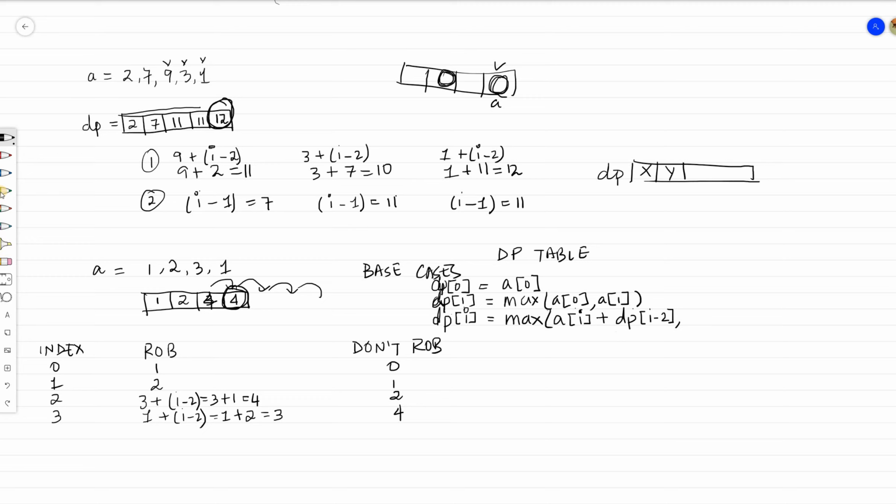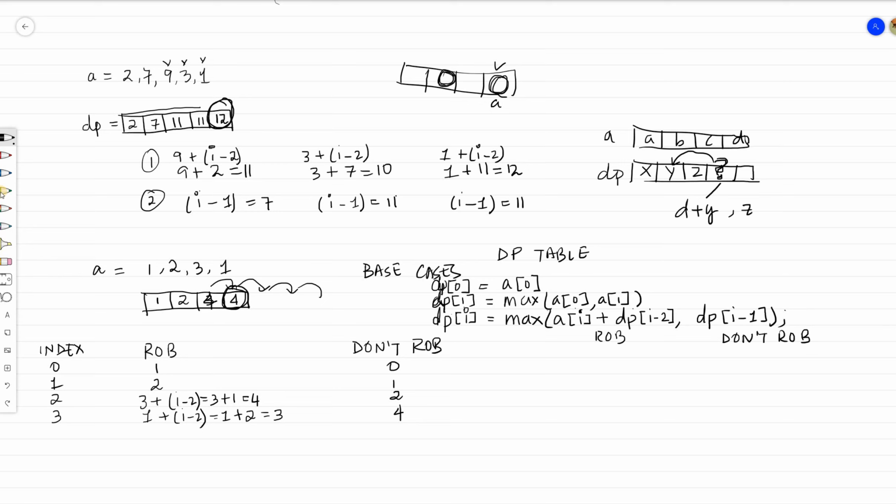If I am over here, let's say this is my question mark, and in my array we have values like A, B, C, D. So this value will be D, right? So this can be either D plus the value at DP minus 2, or I don't rob this house. I have two choices over here: this is rob and this is don't rob.